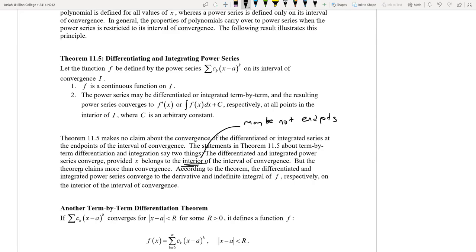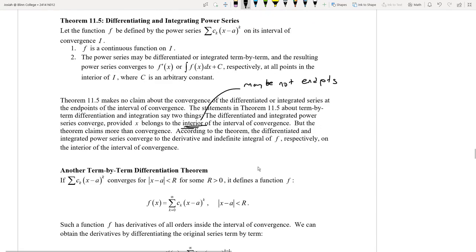The theorem claims more than convergence. The differentiated and integrated power series converge, and not only that, they converge to the derivative and indefinite integral of f. That's pretty cool. If we have a function that is difficult to integrate or differentiate, but it has a nice power series, we can just use that route instead.